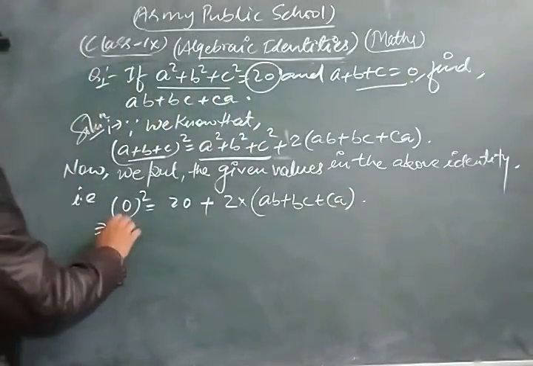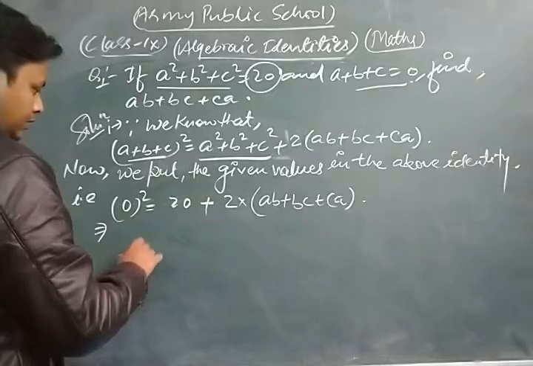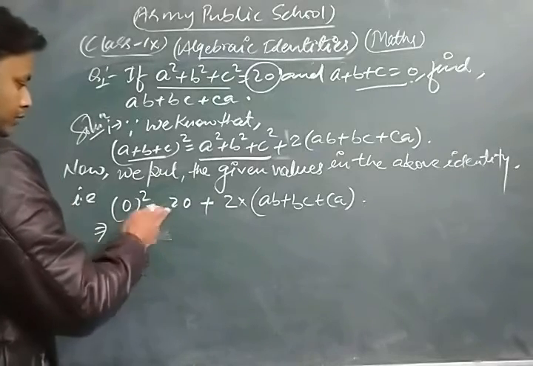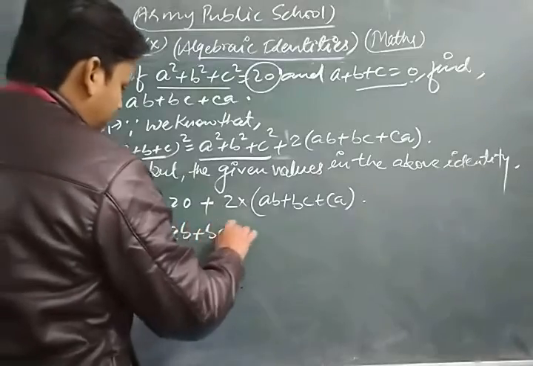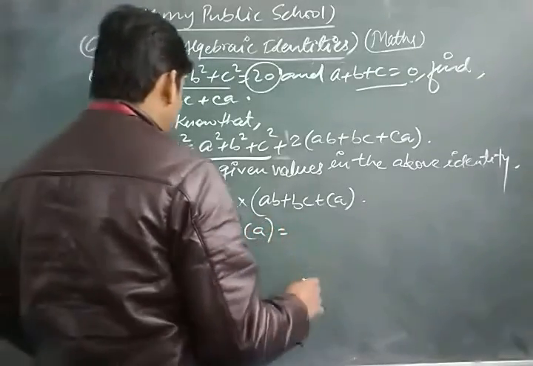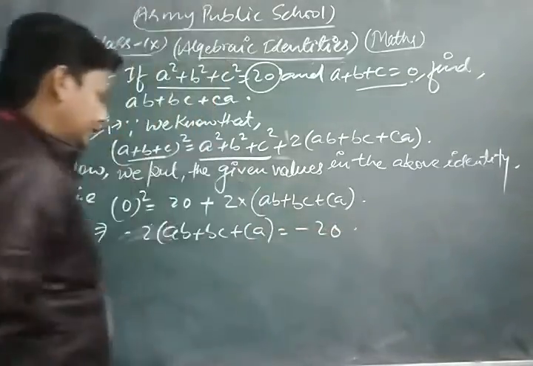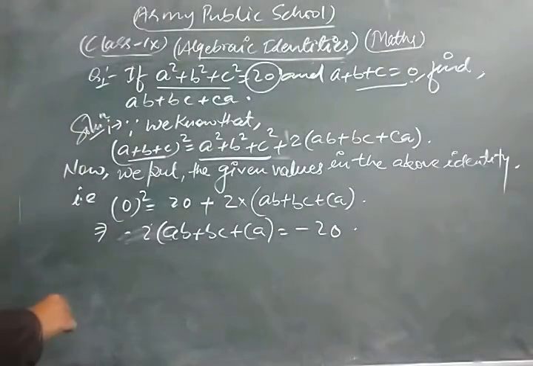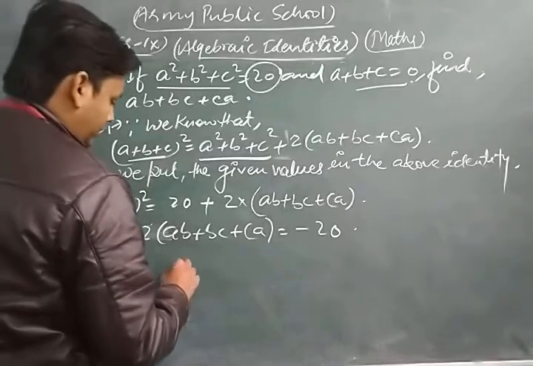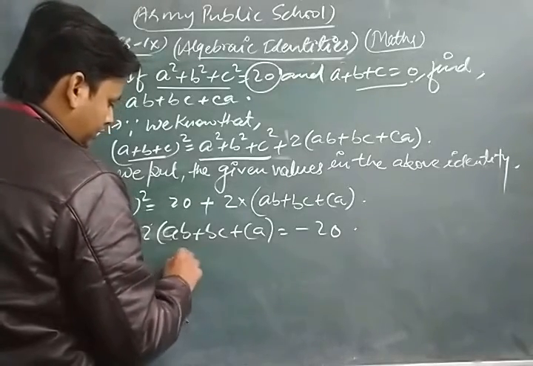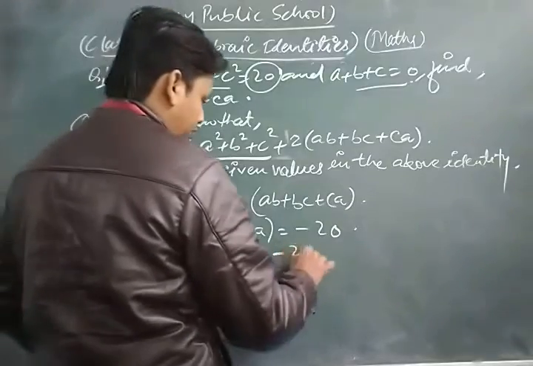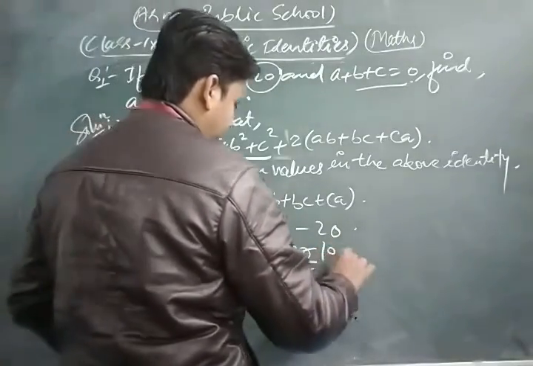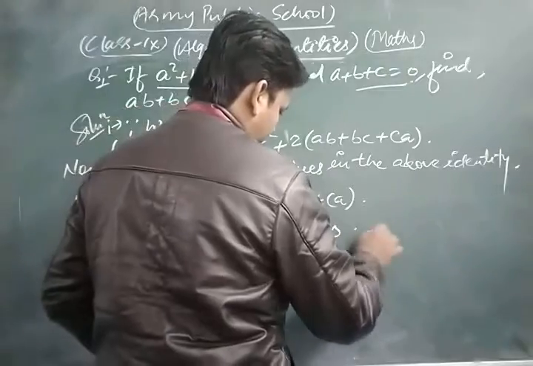Now look, 0 square is 0, and plus 20 transferred to that side, that is 2 times (ab plus bc plus ca) is equal to minus 20. Now the value of ab plus bc plus ca is equal to minus 20 upon 2, that is minus 10.